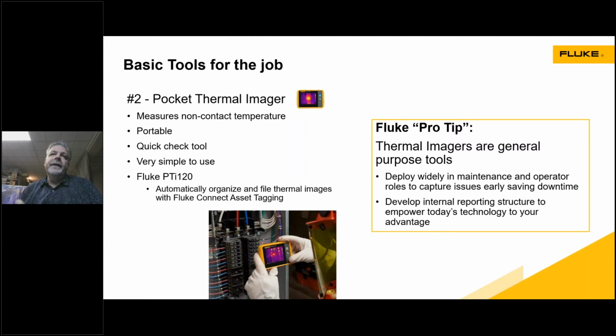And you can start to capture images while you're out doing your job and potentially use them to identify a problem much earlier than doing, say, a 6-month or a yearly scan, or when you have a problem and now you need to pull out the thermal imager. So, again, having more frequent and regular samples of what's going on in your various electrical systems will help you identify problems sooner rather than later.